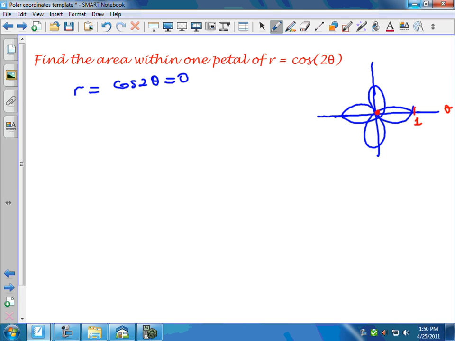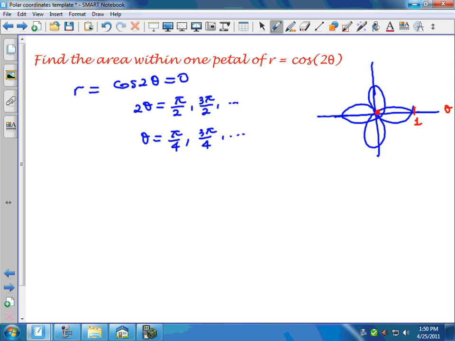When is cosine function equal to 0? When the angle is equal to pi over 2 or 3 pi over 2. So solve for theta: theta equals pi over 4 or 3 pi over 4 and so forth.